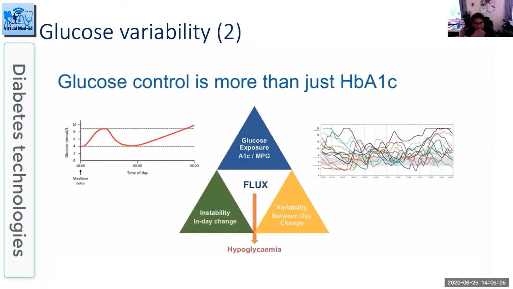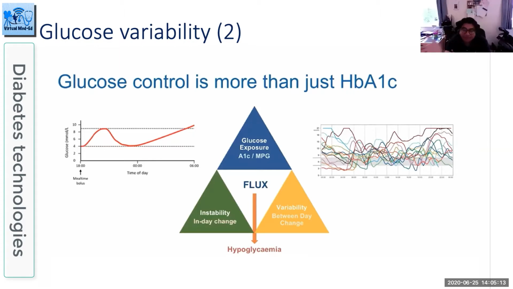That's a variable excursion in itself, but that can be replicated every day, but in a different waveform. So that lends into what we call day-to-day variability. So you already have in-day variability made worse by the fact you've got day-to-day variability. That whole state of flux leads to a significant increase in hypoglycemia. So that's why we're very, very interested in glycemic variability or glucose variability.